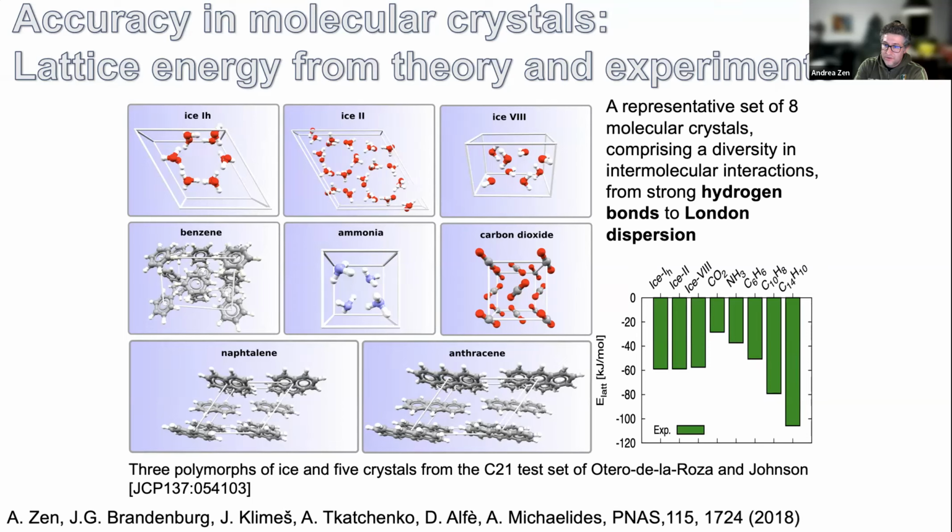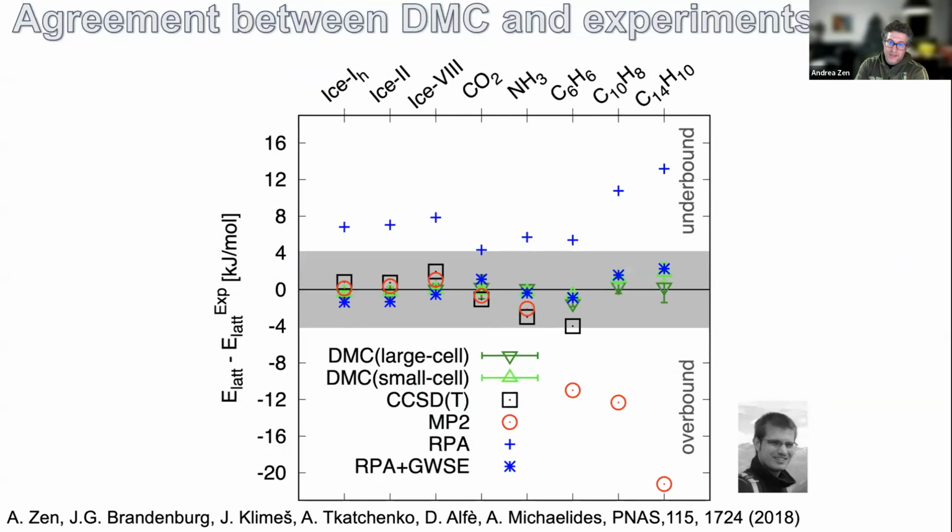We compare the experimental estimations with our predictions from simulations. In this plot we see the eight molecular crystals under consideration, and on the y-axis we have the difference between the experimental estimation of the lattice energy and the computed lattice energy. So we would like it to be 0.